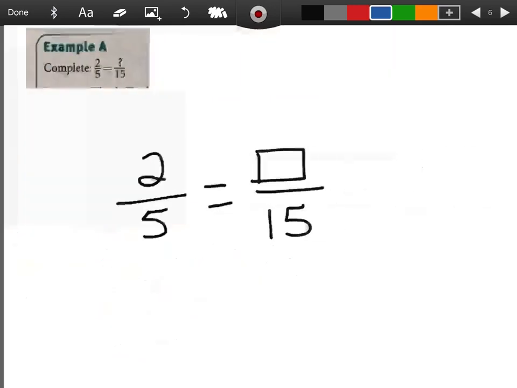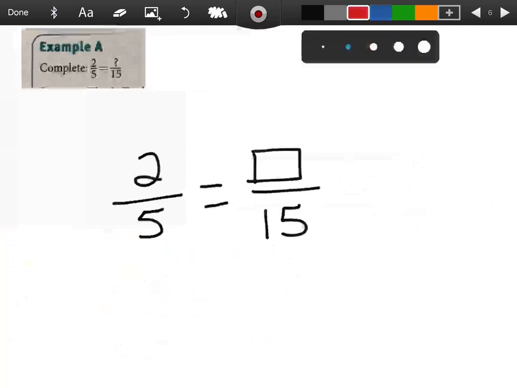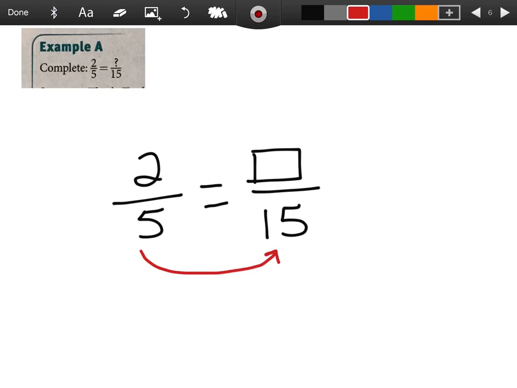So let's do a couple examples. Okay, I want to turn 2/5 into something over 15. Well, how do I find out what this something is? Let's look. Okay, so I am going to turn 5 into 15. Well, 15 divided by 5, oh, that's 3, because 3 times 5 is 15.